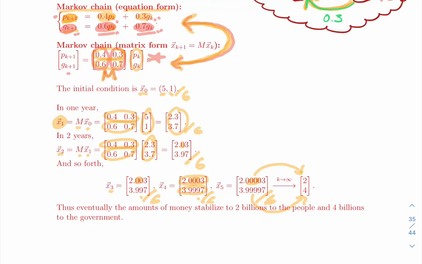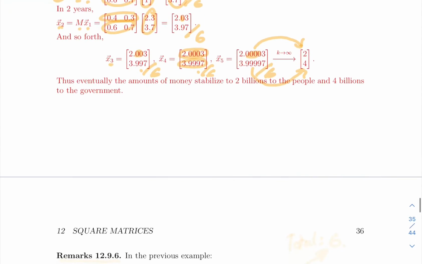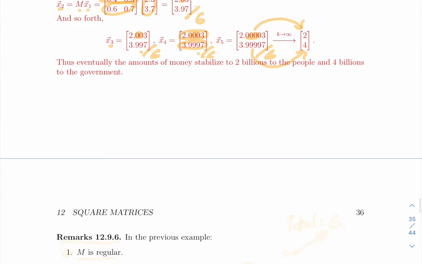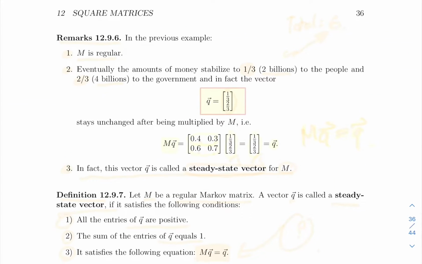And actually this numerical behavior of getting this equilibrium forming over this chain of matrix multiplications is very typical of a Markov chain when M is regular, like in this example. So just a bunch of remarks to wrap up this example before studying this phenomenon in more detail. In my example, M was regular because all the entries, 0.4, 0.3, 0.6, and 0.7, were strictly positive.